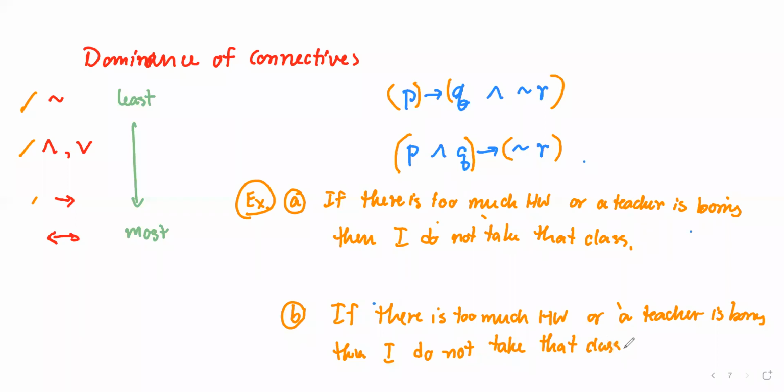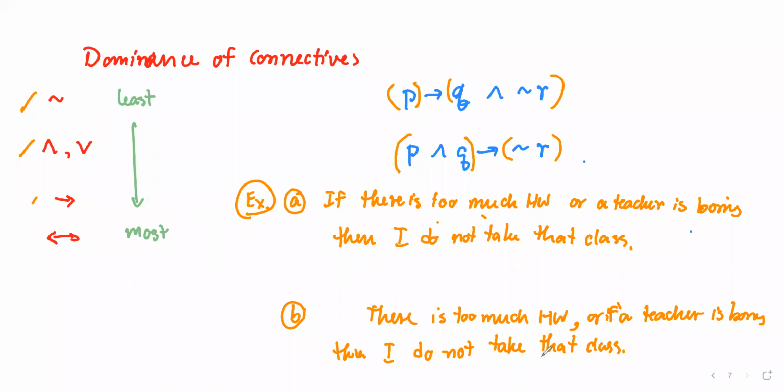But the difference between part A and part B is that part B has the comma right before the or. Actually, this one doesn't have if in the front, so it is: there is too much homework, or if a teacher is boring, then I do not take that class.